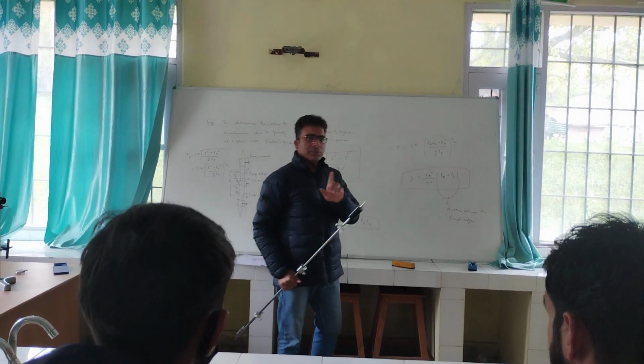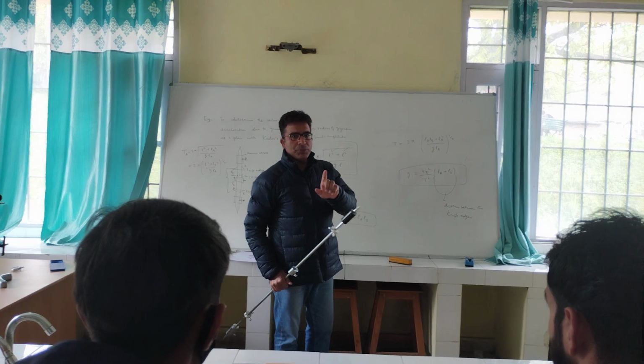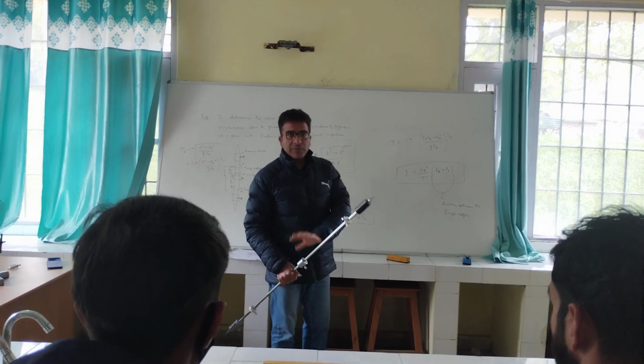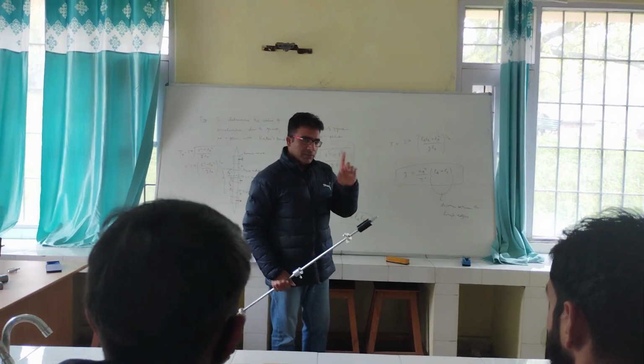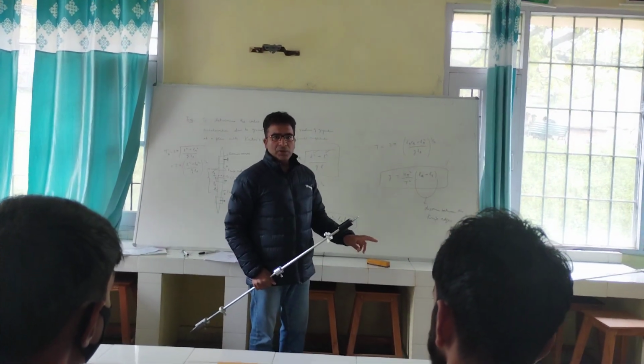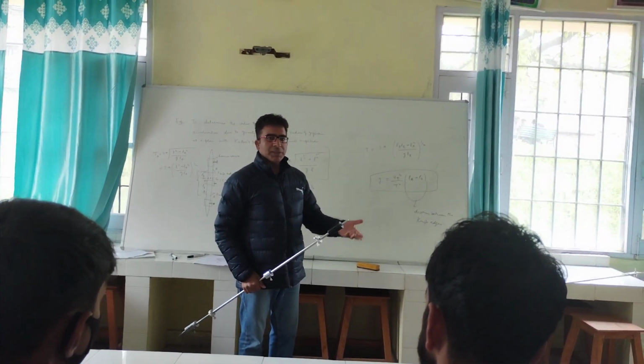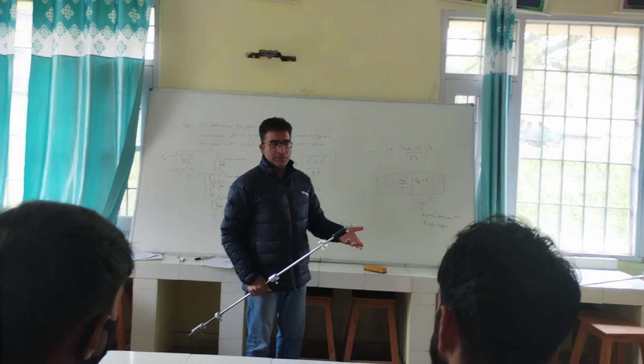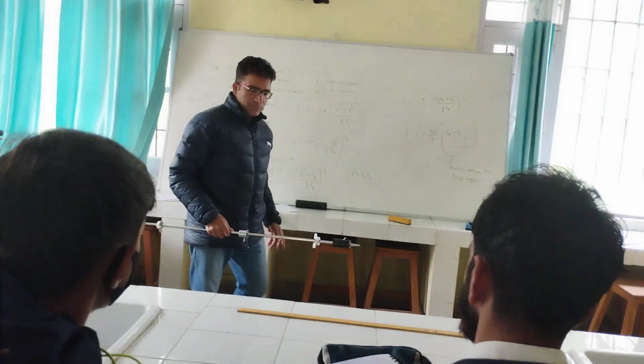You do two observations for 2 mass distributions of these weights. Find first g1, then g2, then find the mean of g, then find its percentage error. This is the working of the system.